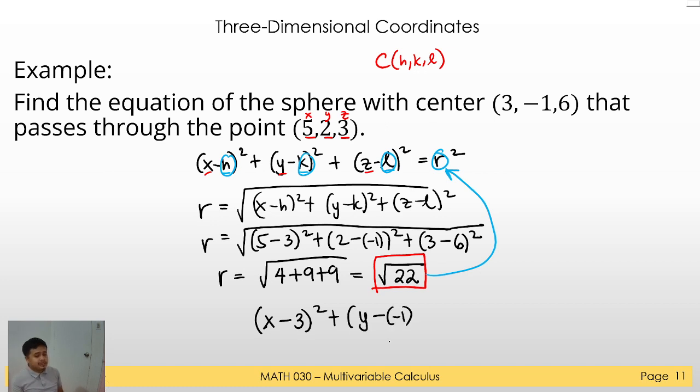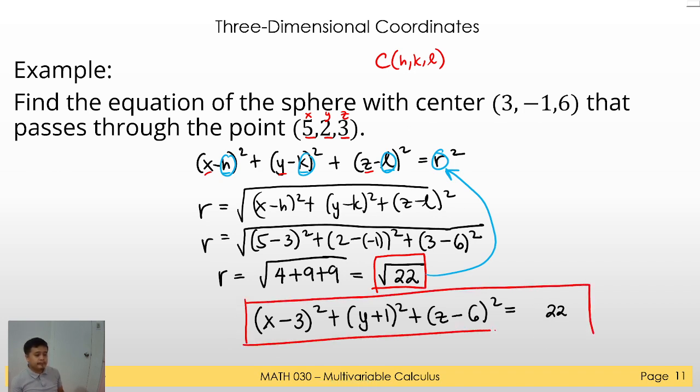So we could just omit this negative sign, this will just cancel out. Therefore this will be (y + 1)² + (z - 6)² = r², wherein r is equal to the square root of 22. So r squared, the square of the square root of 22, will become just 22. So this will be your standard equation of the sphere.